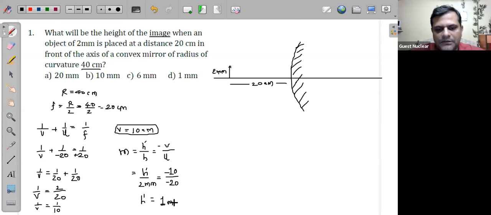So 1 millimeter will be actually the final answer, which is already there in this option number D here. Okay, not 10 millimeter, should be 1 millimeter. Okay.